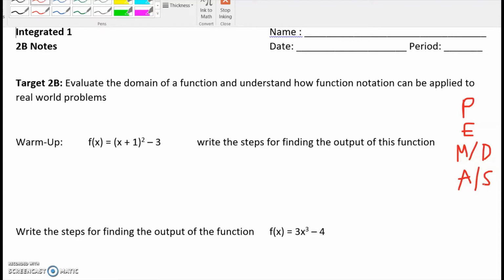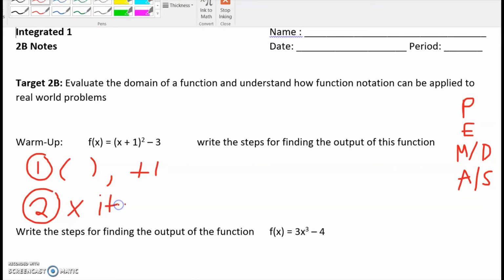So first one is parentheses. We have parentheses in this one. So the first thing we would have to do is whatever is inside the parentheses, which is to take the number and add 1. So we've done our parentheses. The next step: we have an exponent, so next we multiply it by itself.